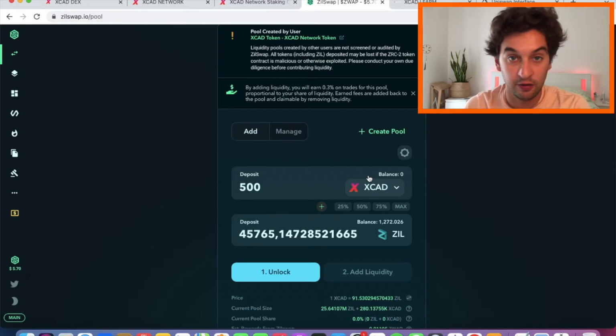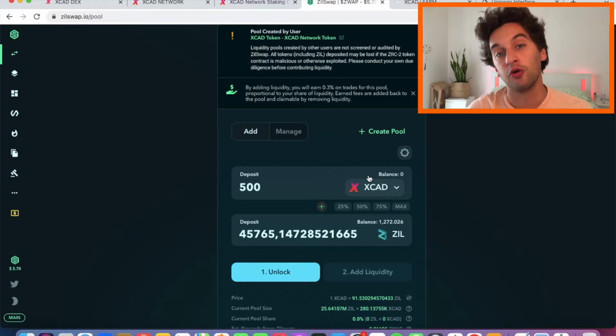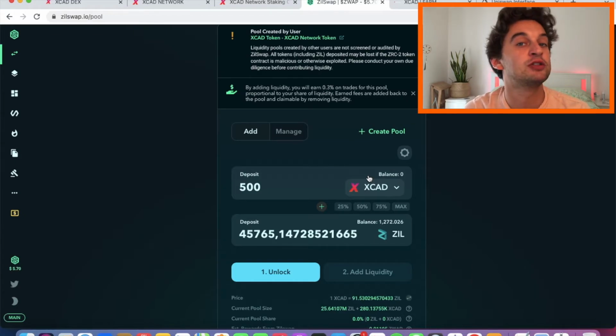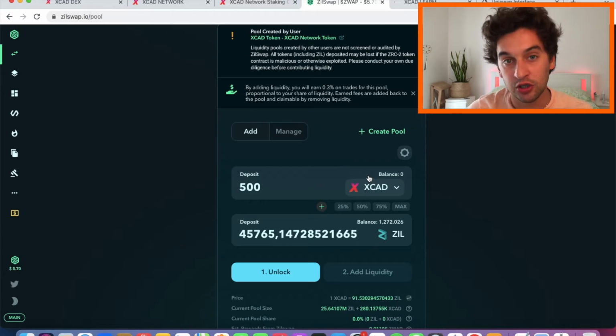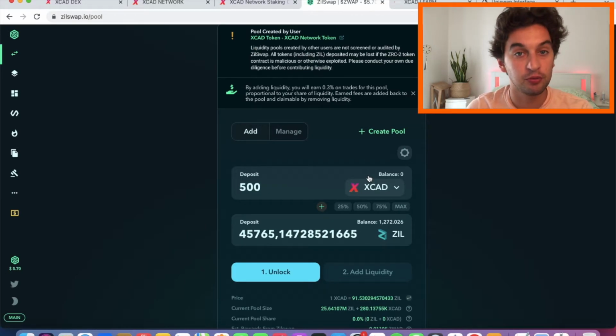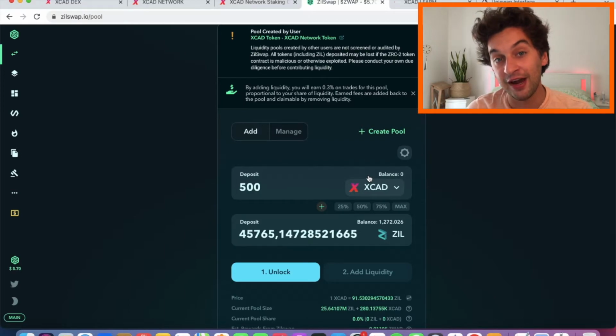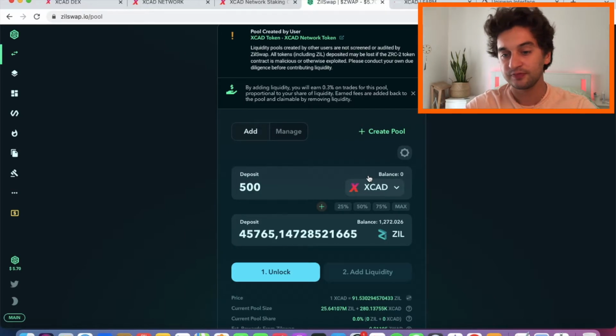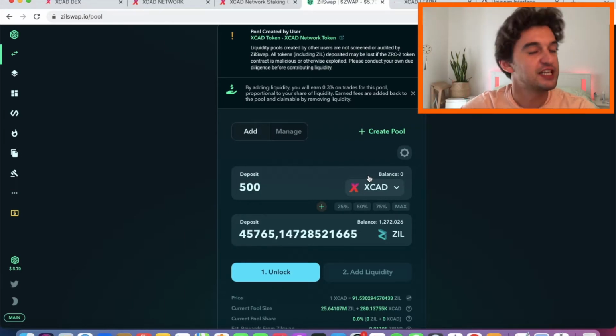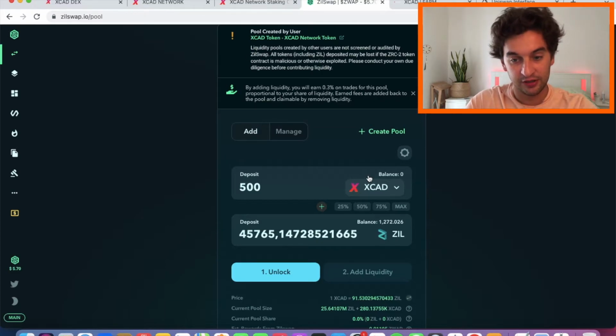Of course, liquidity pools with 2 tokens are much riskier than single staking. That is why I personally go with single staking, simply because liquidity pools with 2 coins are much riskier. Now, these are safe coins, safe in the way that the product is there and the people are behind it.